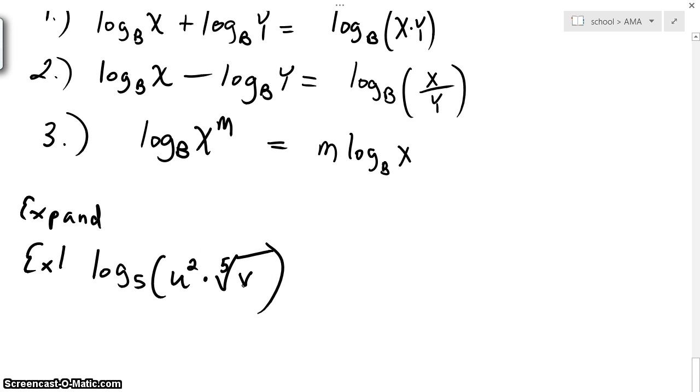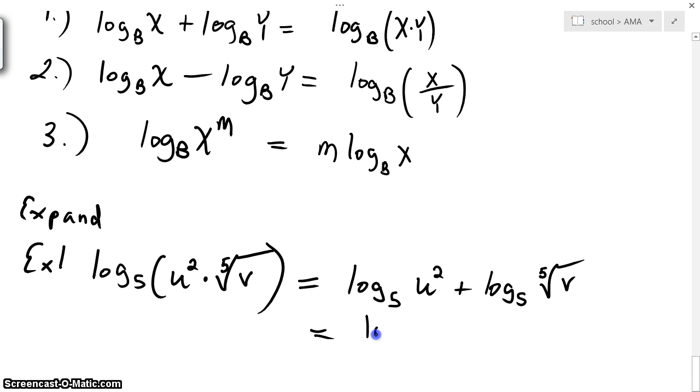And I think it's very important to note that the properties I've listed above, not only can you move from the left side to the right side, you can also move from the right side to the left side. In this case, because I see two terms multiplied together, this would be property number 1. What we can do is then write an addition of two logs, log base 5 of u squared plus the log base 5 of the fifth root of v.